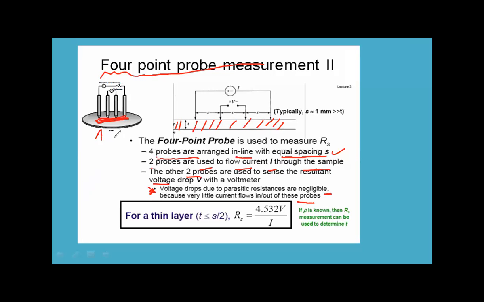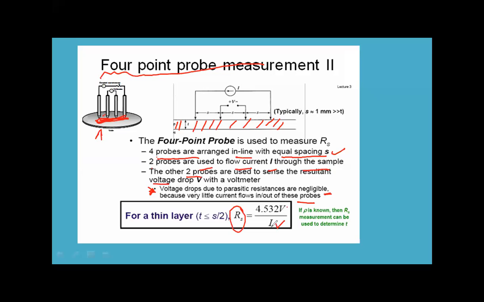And this is the formula for resistance, 4.532 V by I.